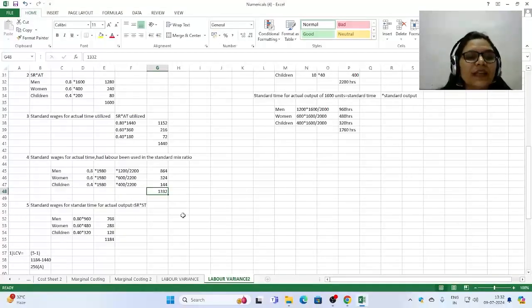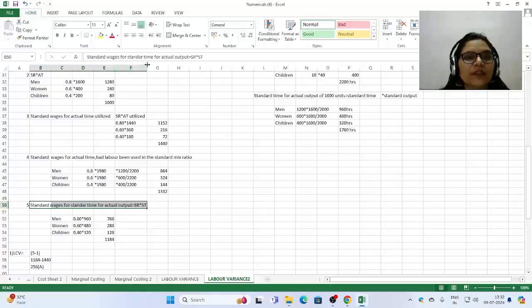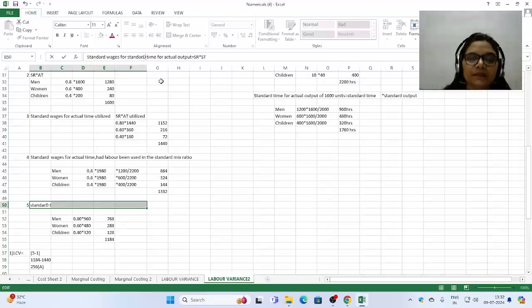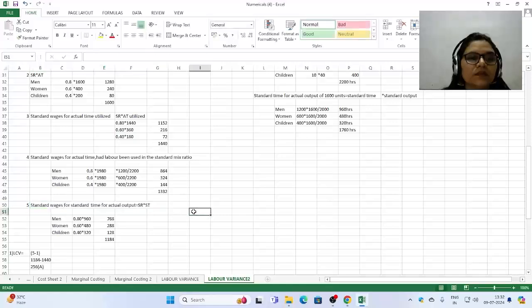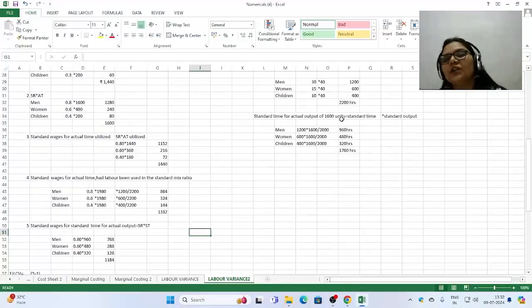Next is standard wages for standard time. We have certain spelling mistake over here. We have this standard time. So 0.80 into 960, standard time we have calculated over here. Standard time is always calculated for actual output.